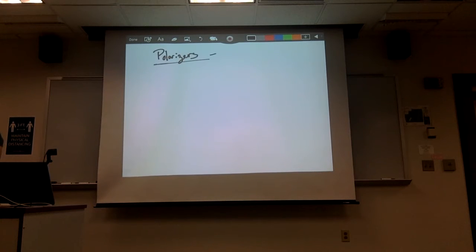A polarizer is a material used to polarize both unpolarized and polarized lights.